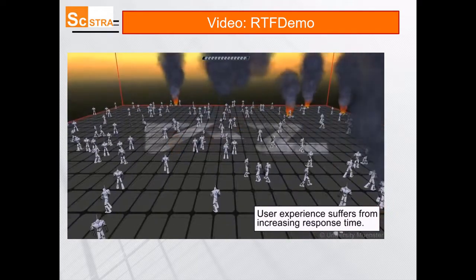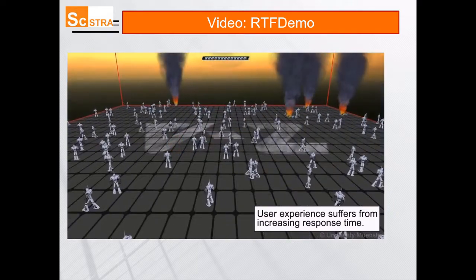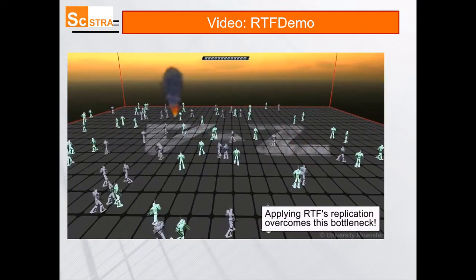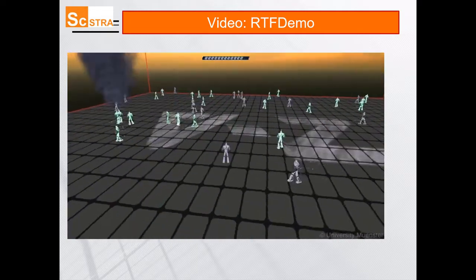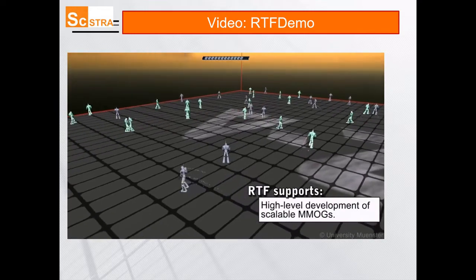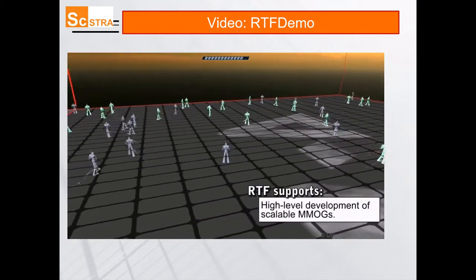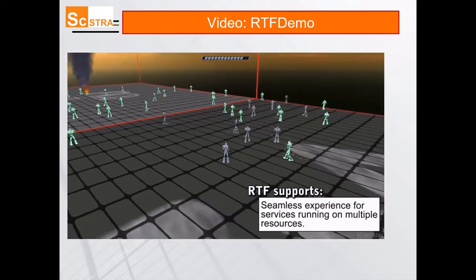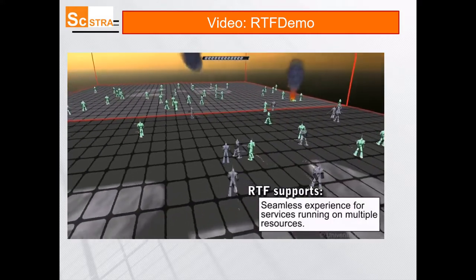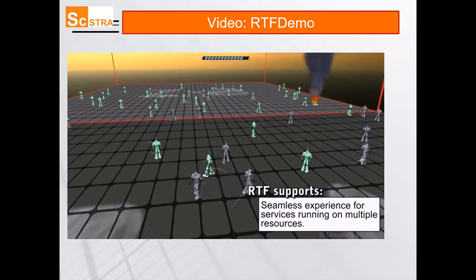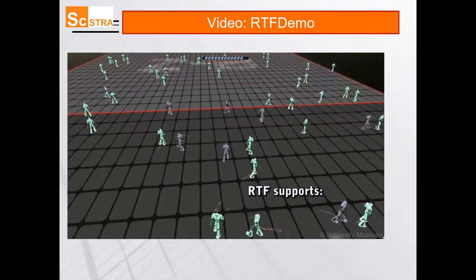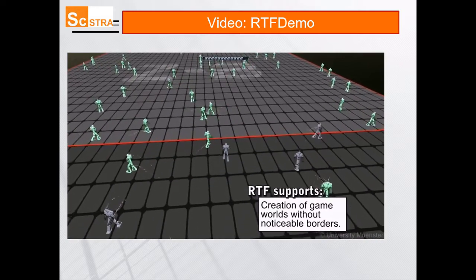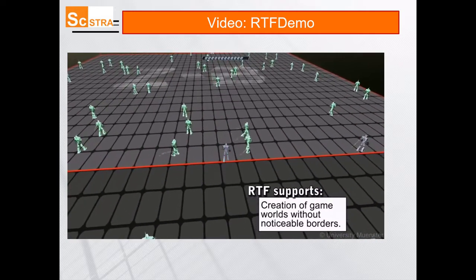And you see here that if there are many robots, then their movements are not smooth anymore. That's why we can automatically add computers using the framework, and also we can then dispose of computers if they are not needed anymore. So we have here a seamless experience using our framework.